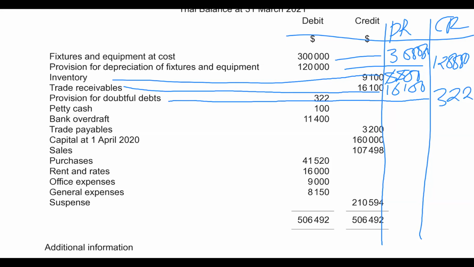Then you come to the petty cash, right? The petty cash has got the entry of 100. Where do you think the petty cash is supposed to be? Is it on the debit side or on the credit side? I open this for discussion now. This $100. Anyone? Debit side or the credit side?